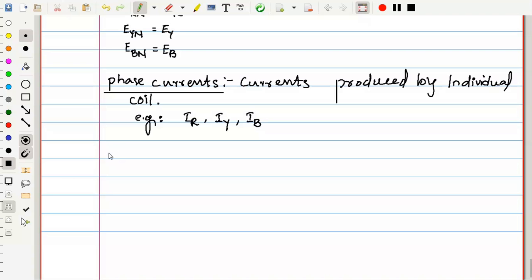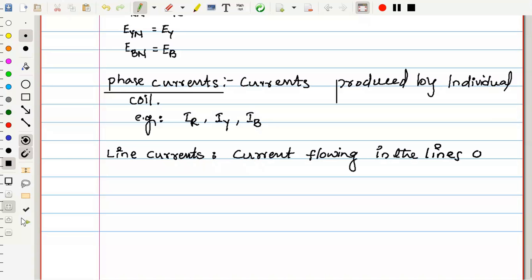And now let me put up here line currents. These terminologies are very important. Phase currents are different from line currents in some situations, but here they may be matching. The currents flowing in the lines of the system. System means it may be a transmission system or a distribution system, depending on the consideration of the network.